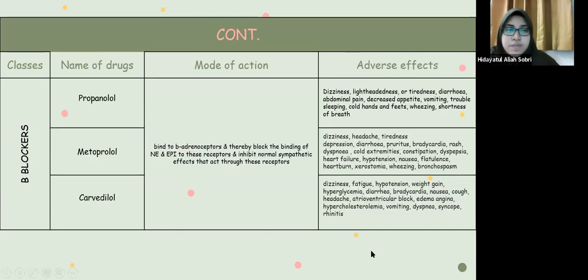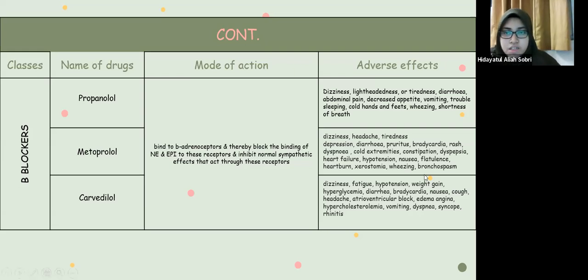Next is the beta blocker. Beta blockers such as propranolol, metoprolol, and carvedilol. When the beta blocker binds to the beta adrenergic receptor, it will block the binding of norepinephrine and epinephrine to this receptor. So we will inhibit the normal sympathetic effects that act through this receptor.